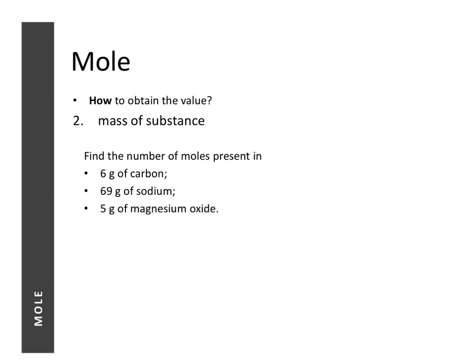Now this is a slightly different question. Now you're given the mass of the substance and you're supposed to find number of moles. So let's draw the triangle out again. Now we are trying to find number of moles. Number of moles is equal to mass divided by molar mass. In the first example I have 6 grams of carbon, so number of moles of carbon is equal to 6 divided by 12.